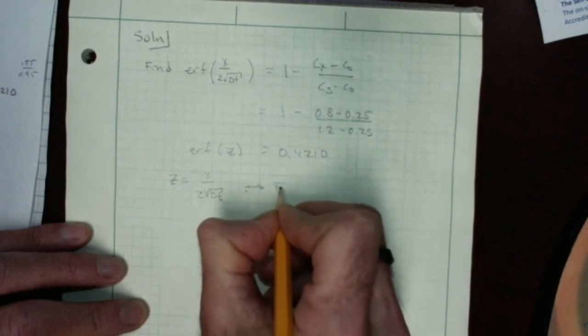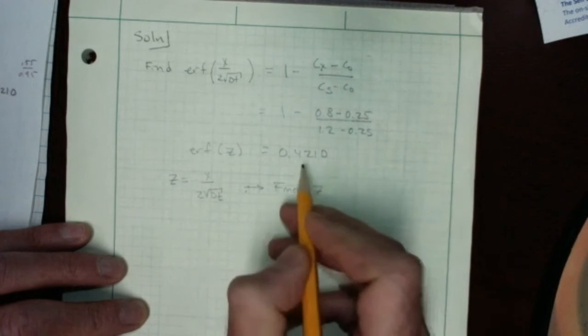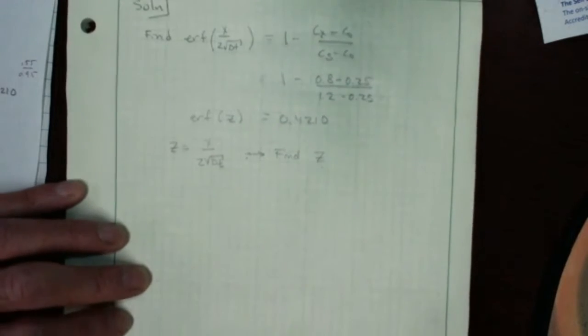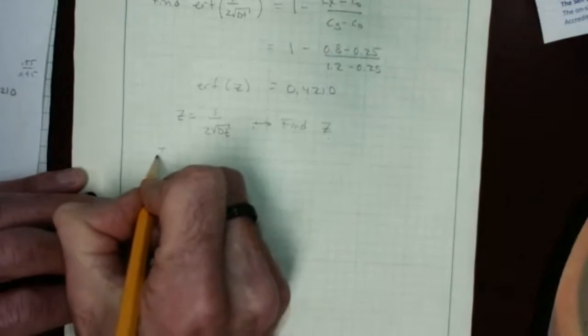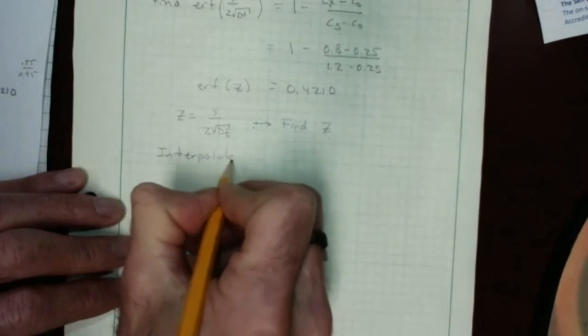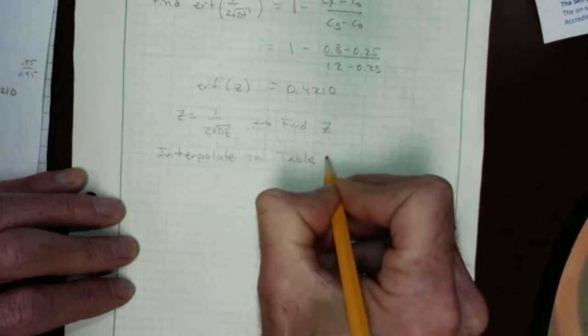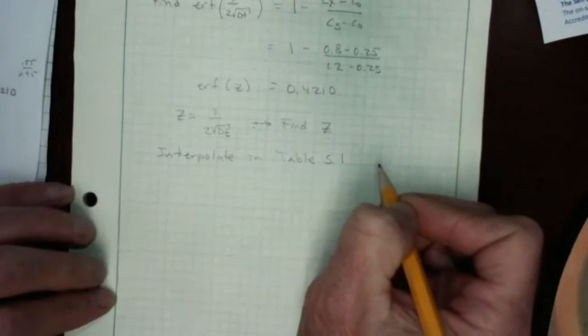So I now need to find z, because I have erf of z. What we're going to do is interpolate in the error function table, which in our textbook is table 5.1.